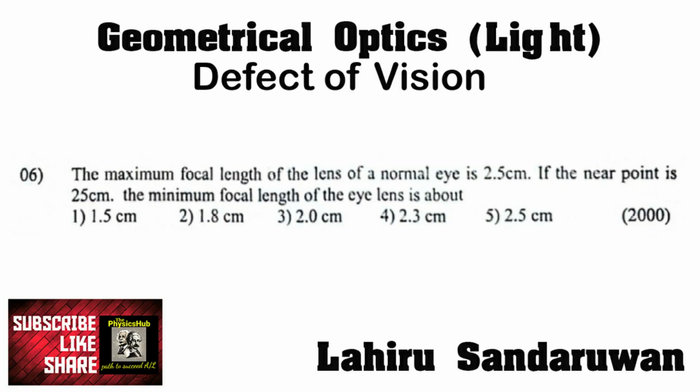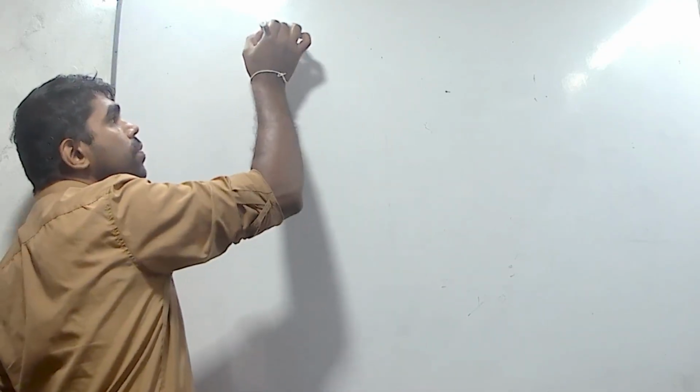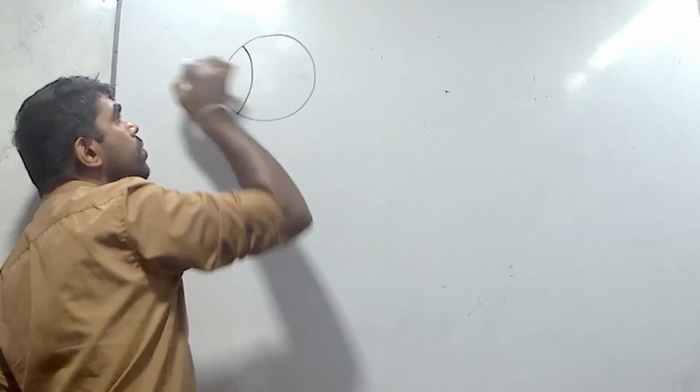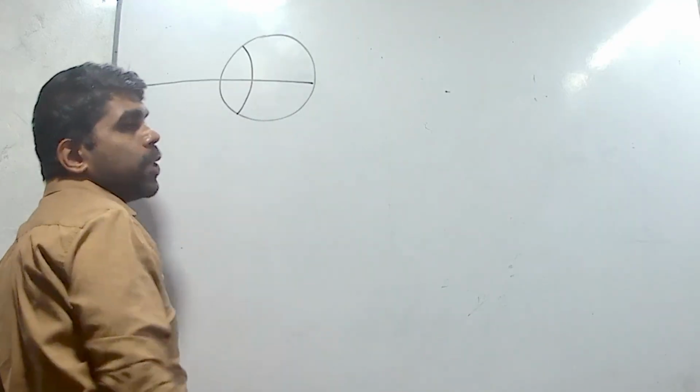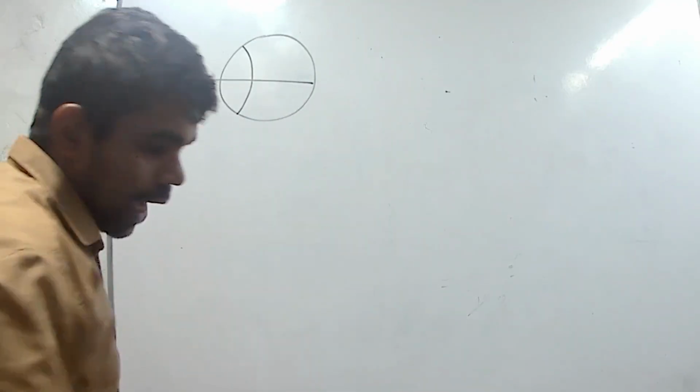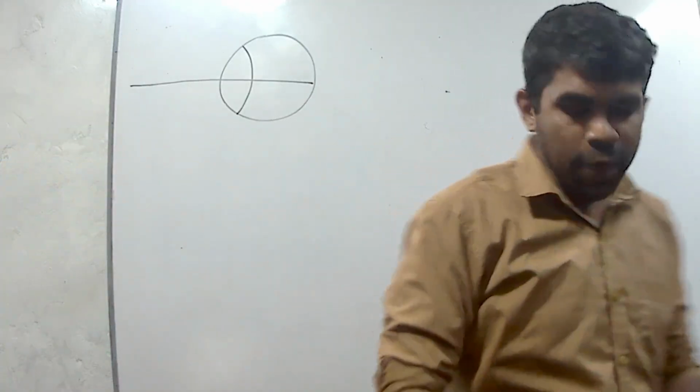The maximum focal length of a normal eye is 2.5 centimeters. But spectacles are required for him to view an object comfortably at 25 centimeters. Maximum focal length means you can observe maximum focal length for the eye lens when seeing a far object.